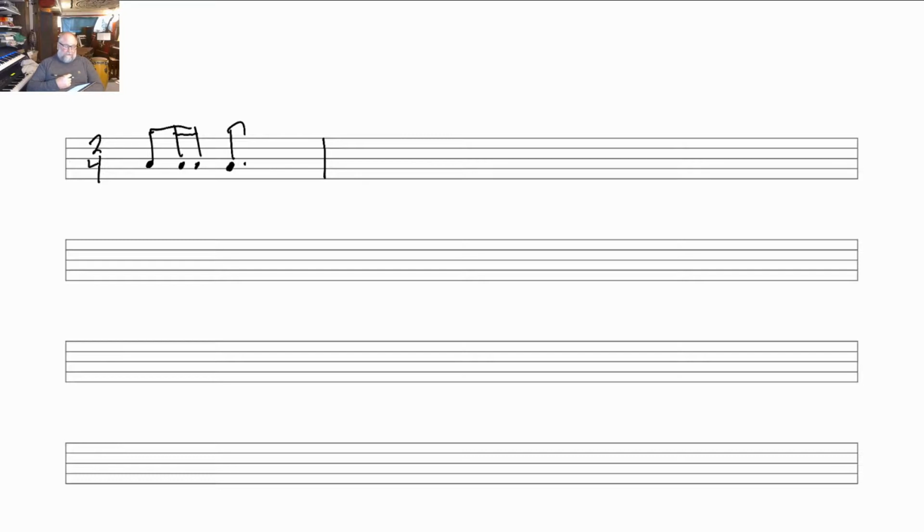So here's the thing. We start every time by figuring out what the beat note is. 2/4 time, that's a simple time signature, simple duple as a matter of fact. What's the beat note? Well, we look to the bottom number. It's a 4. So a beat note is a quarter note. How many do we have? 2.